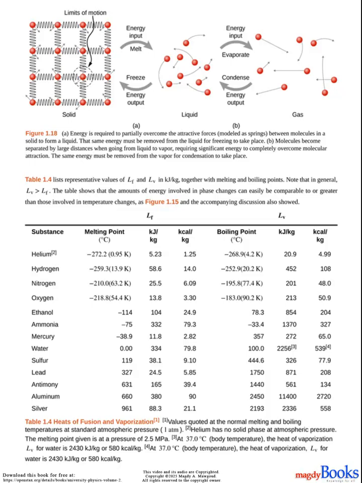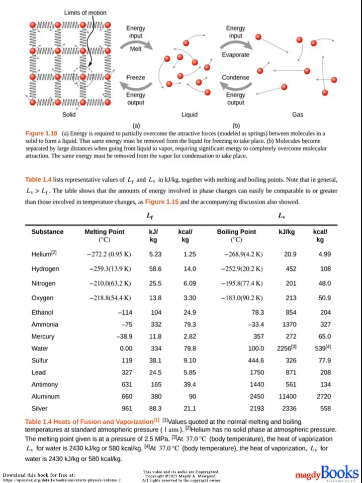Hydrogen. Melting point, negative 259.3 degrees Celsius, 13.9 K. 58.6 kilojoules per kilogram, or 14 kilocalorie per kilogram. Boiling point, negative 252.9 degrees Celsius, 20.2 K. 452 kilojoules per kilogram, or 108 kilocalorie per kilogram.